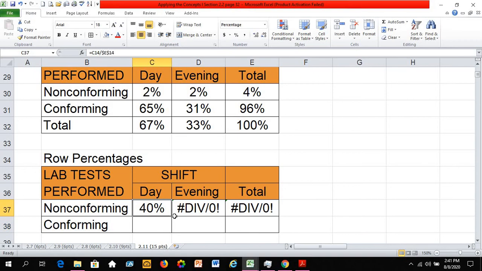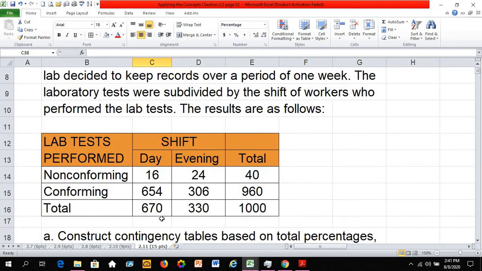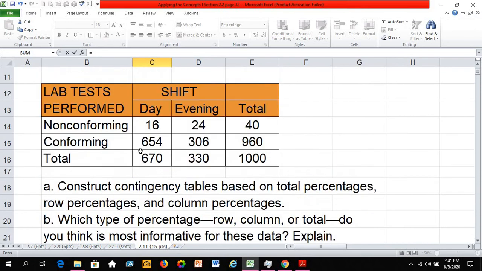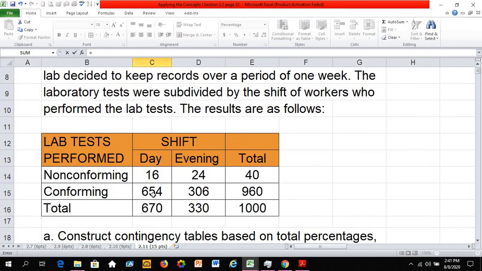Okay, so if I redo it, there you go. Similarly, for this conforming, that's equal sign and go back to our original table. That's 654 divided by 960.